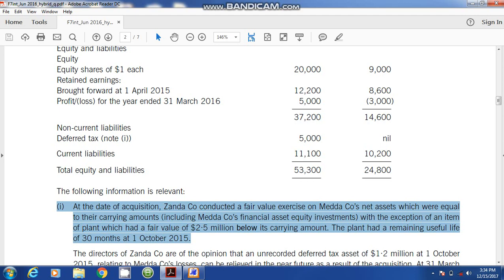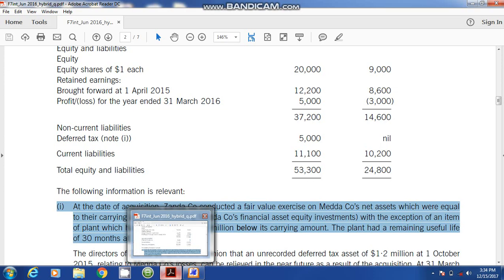This plant had a remaining useful life of 30 months at 1st October 2015. Since the fair value was below the carrying amount, this amount will be subtracted from the net assets.